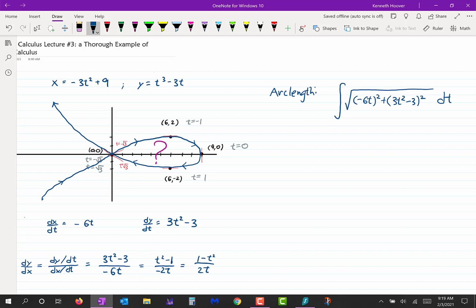And let's put our starting value and stopping value of t. That loop begins when it passes through the origin when t is negative root 3. And then that loop closes off when t passes through the origin the second time. I mean, when the curve passes through the origin the second time, which is when t is root 3. Okay?